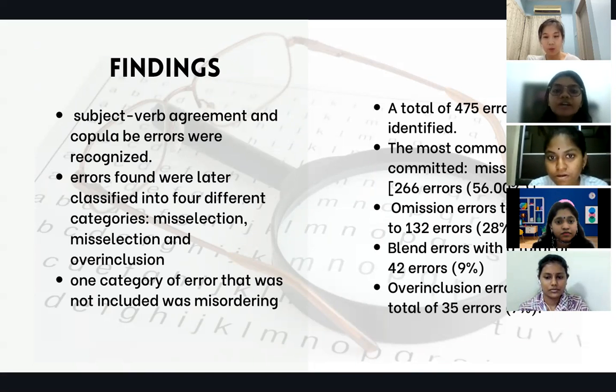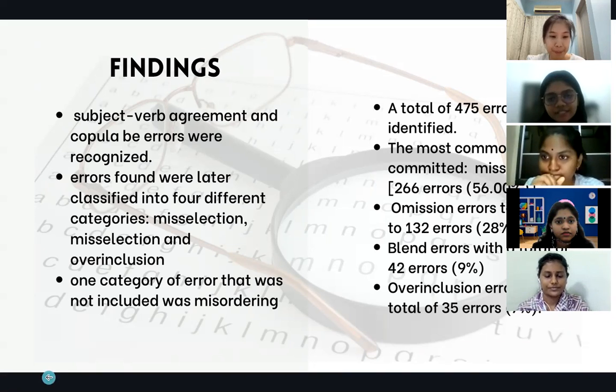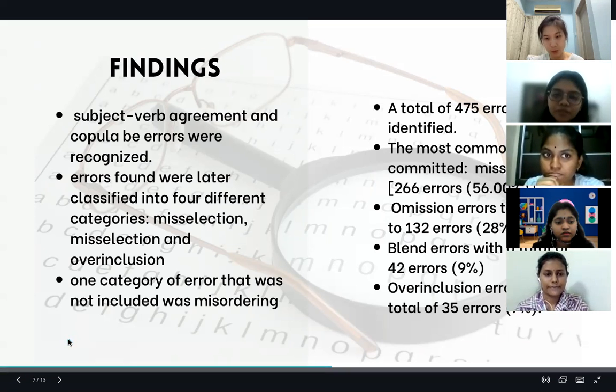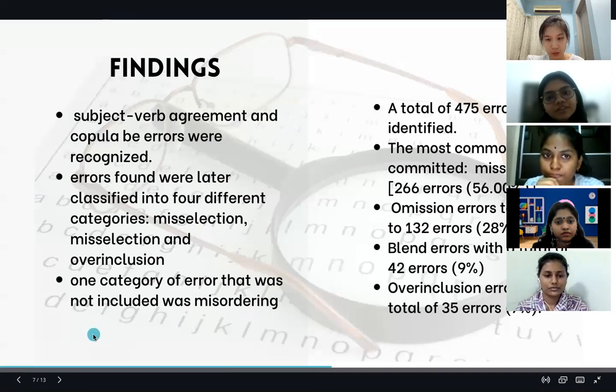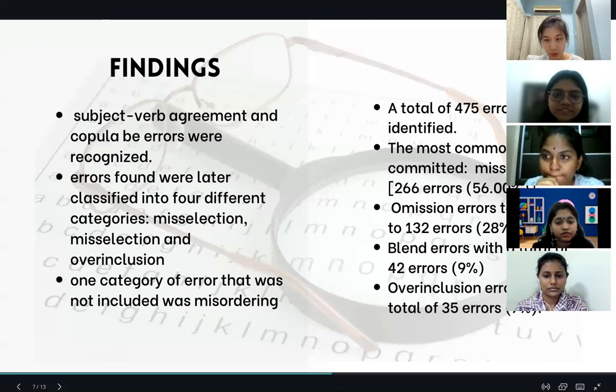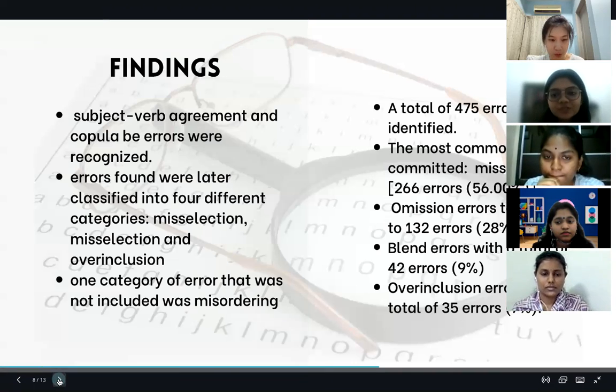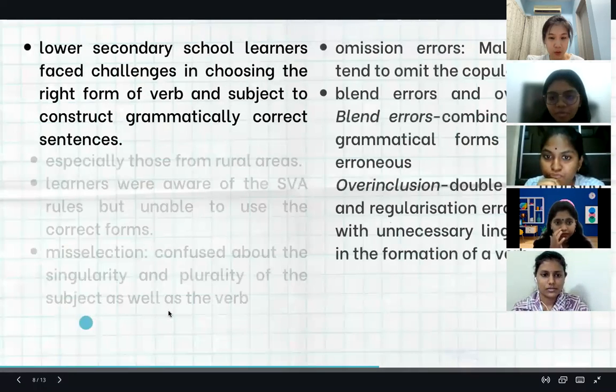A total of 475 errors were identified based on this analysis. The most common error committed was misselection, making up 266 errors, followed by omission, totaling 132 errors, blend errors with a total of 42 errors, and over-inclusion with a total of 35 errors. Next, we'll be looking at the discussion.